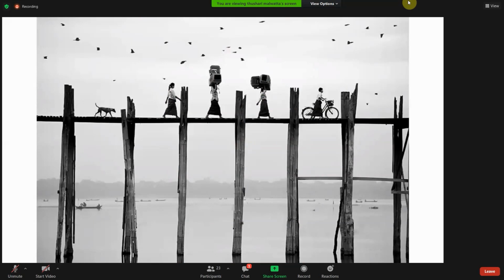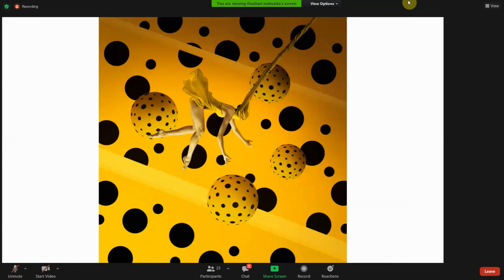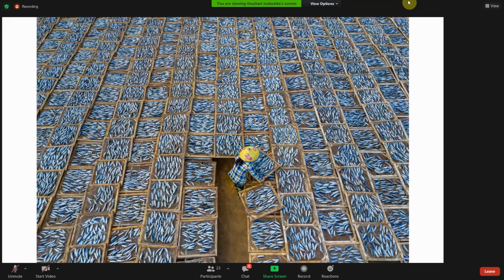Look at this one, beautiful pattern. See that, like we discussed earlier with those ducks, when the pattern is disturbed, it becomes the focal point.